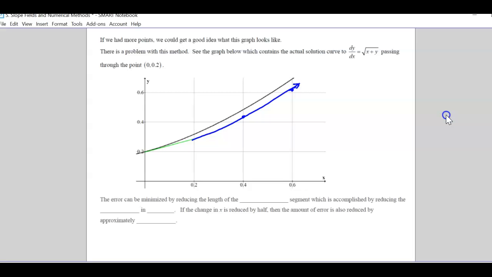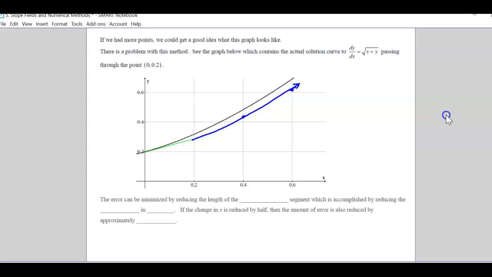Okay, so obviously, the error can be minimized if we make this shorter. So if we find more points, make our change in x smaller, then we're going to get more line segments that will likely be closer when we're doing it like that.